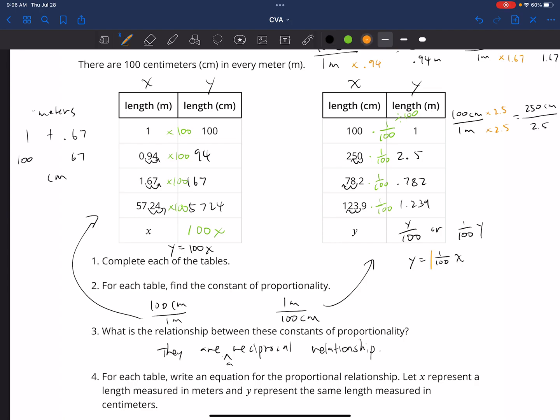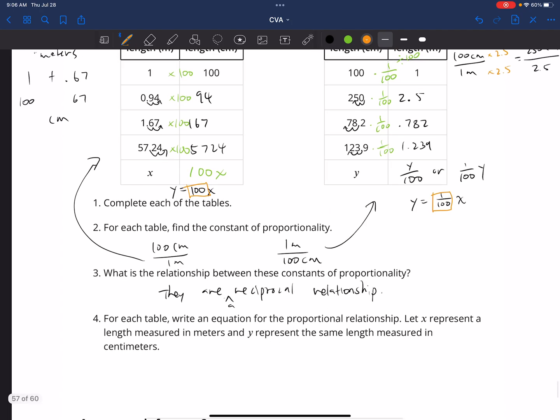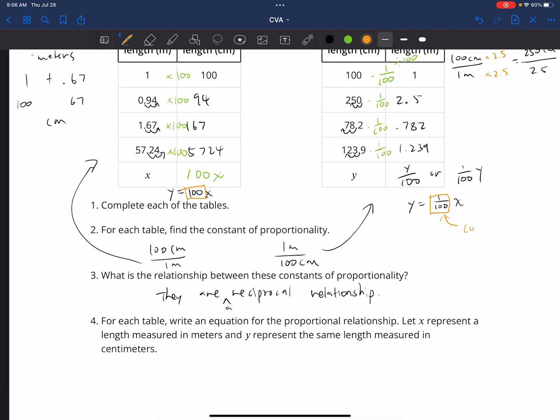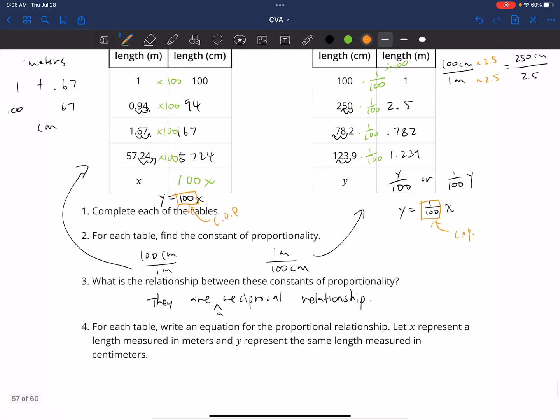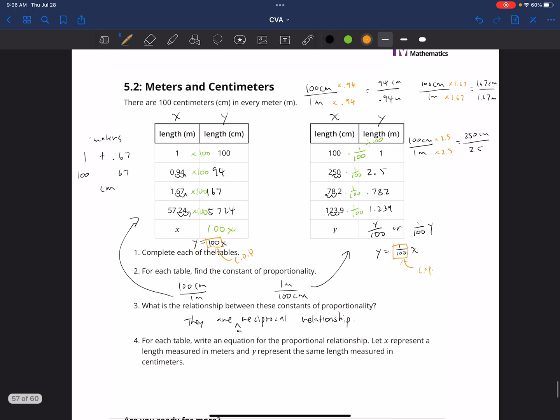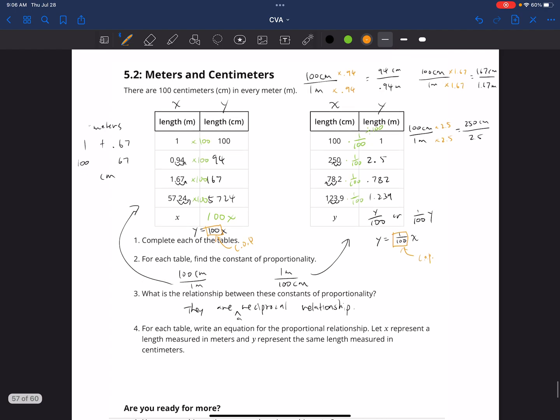Remember, this right here is the constant of proportionality, COP. So that is that for this one.